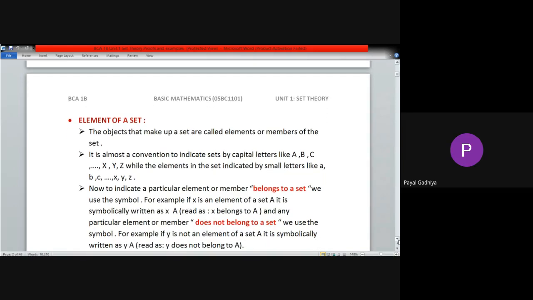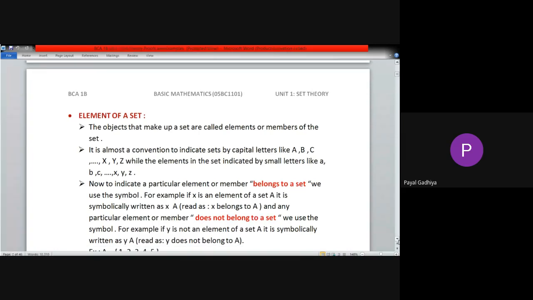Okay, so elements of sets we are going to see. Now let us focus on the definition. The objects that make up a set are called elements or members of the set. So whatever elements are coming in the set, a set is constructed by those elements only. So those are called elements of sets.